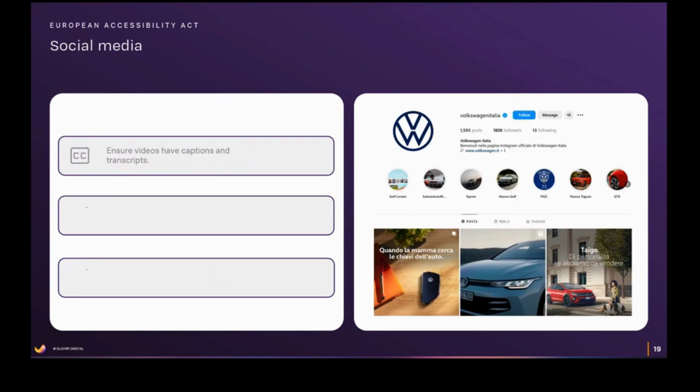Another thing you can be doing is looking at your social media, which is, again, another space where we can aim to be more accessible. It might seem quite straightforward, but it means ensuring videos have captions and transcripts, and describing images and posts. Now, as James said, a lot of Gen Zs are now watching TV with subtitles on.